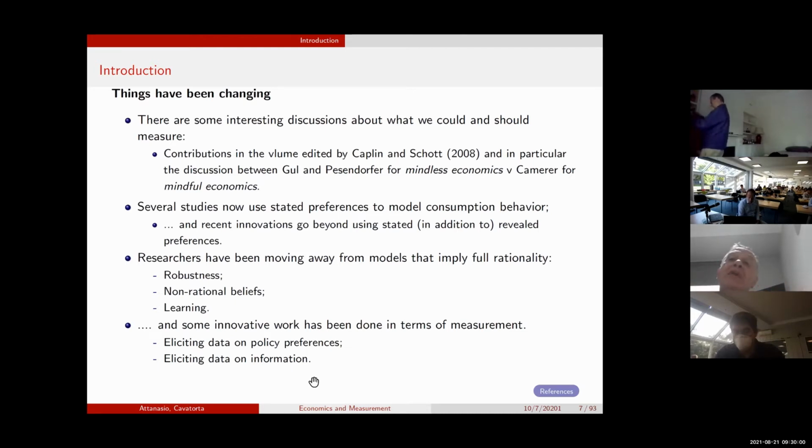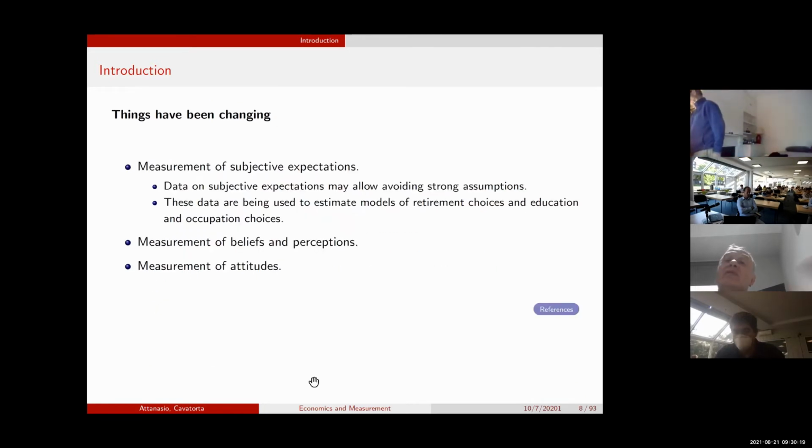And I think the other nice thing that is happening there is some innovative work that has been done in terms of measures, using data on policy preferences, using data on information. The New York Fed has promoted for a number of years the elicitation of subjective expectations.